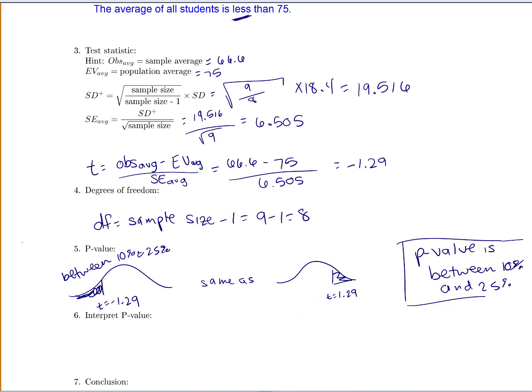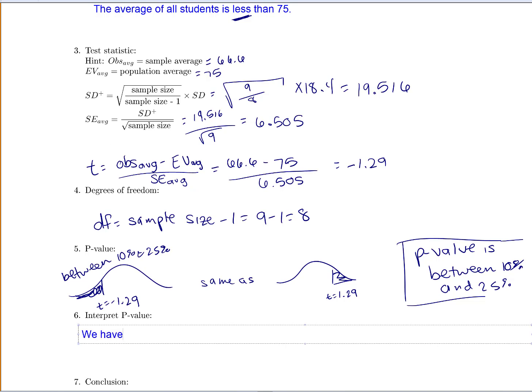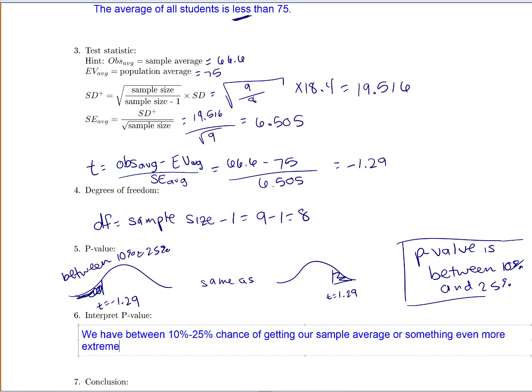Let's interpret that p-value. It's always more interesting to try and interpret it when it's a range like that. The p-value always says it's your chance of getting your sample average or something more extreme if the null is true. So we have between a 10% to 25% chance of getting our sample average or something even more extreme if the null hypothesis is true.